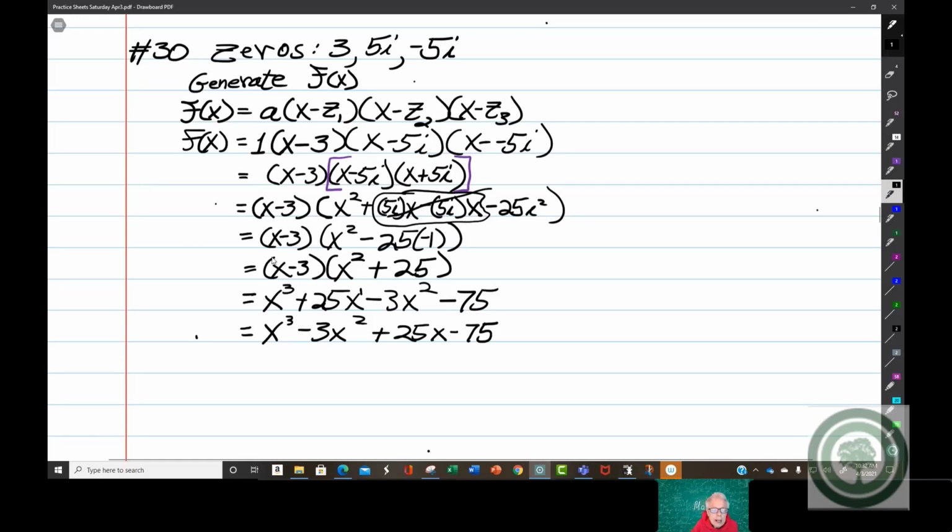Yes, I multiplied, here, let me put a note over here. I split this apart into x times x squared plus 25 and the minus 3 times x squared plus 25.